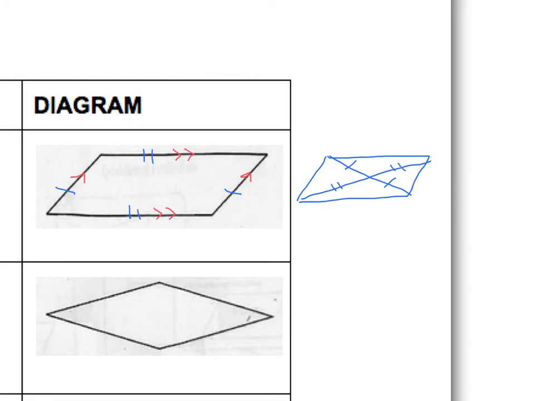Now notice these pieces are not the same length, all 4 of them, in any parallelogram, but they do bisect each other. Okay, so then one's midpoint is the same as the other one's midpoint. And that's going to come back into play when we talk about parallelograms on the coordinate plane. But for now, just know that they bisect each other.